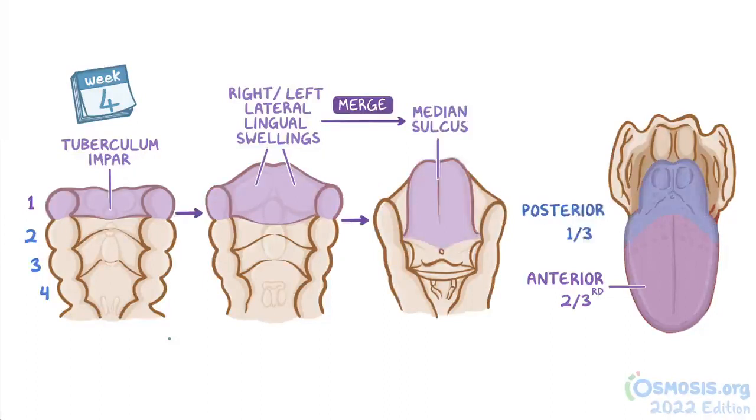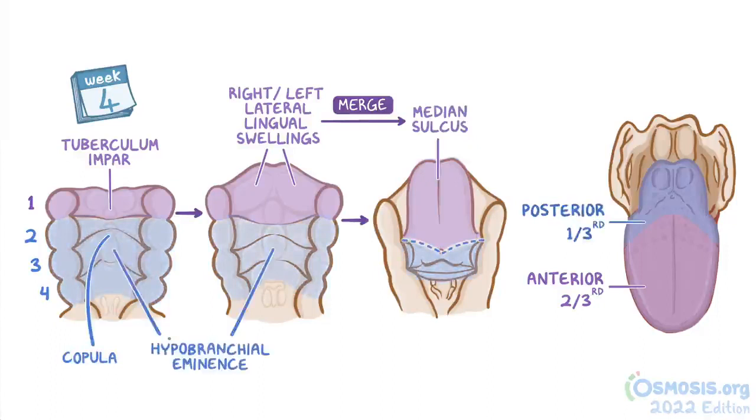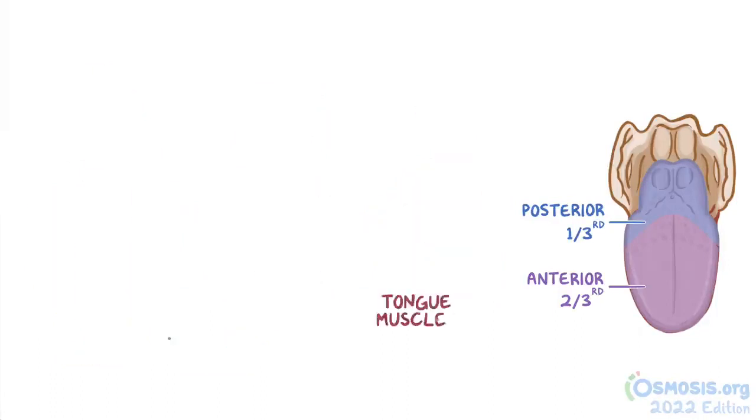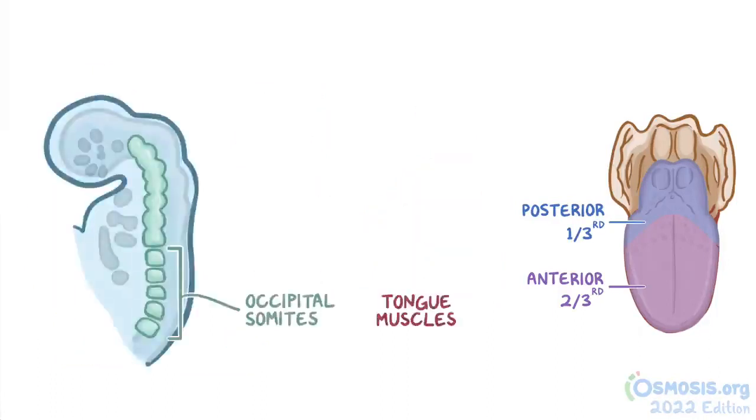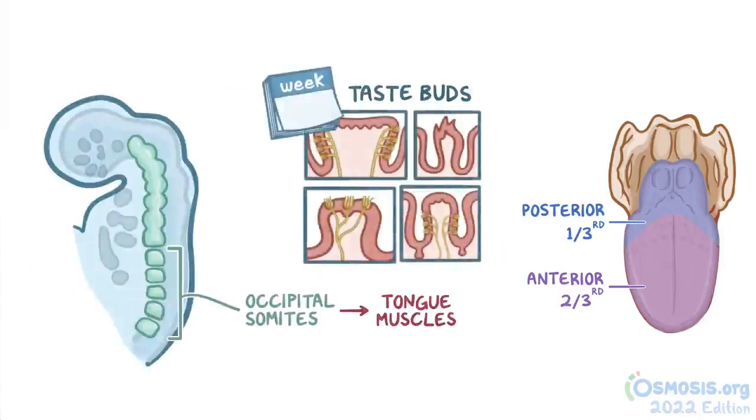The posterior 1/3 develops from the 2nd pharyngeal arch as the copula, and the 3rd and 4th pharyngeal arch as the hypobranchial eminence. Finally, the tongue muscles derive from the occipital somites, and taste buds finish appearing over the tongue around week 13.